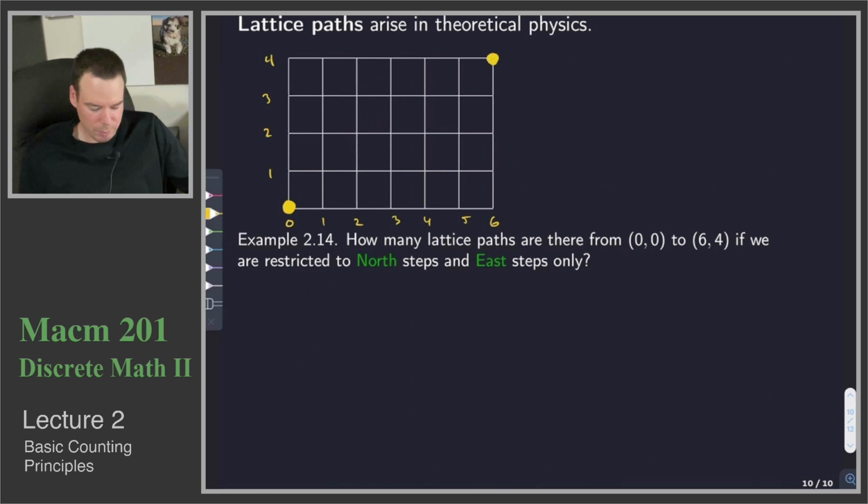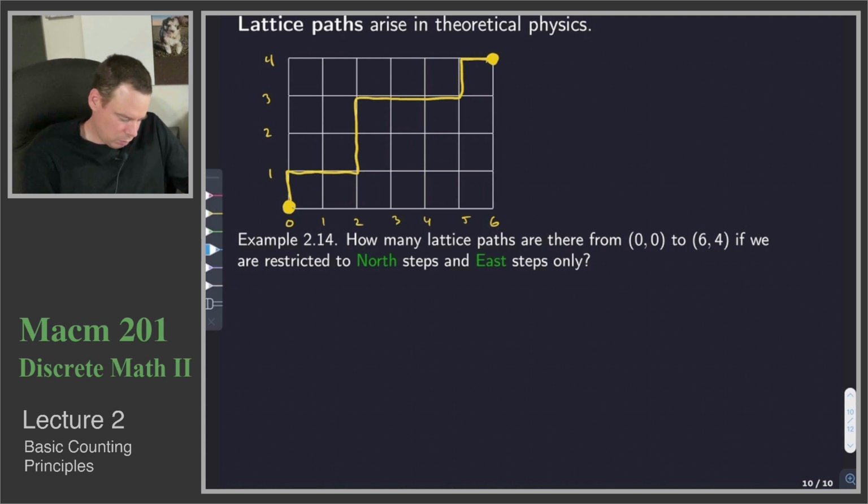I want to know how many lattice paths connect the lower left dot to the upper right dot. By lattice path I just mean, if we think of this as a network of roads, how many different ways are there to travel by only going east and north? How many ways can I get from the lower dot to the upper dot?